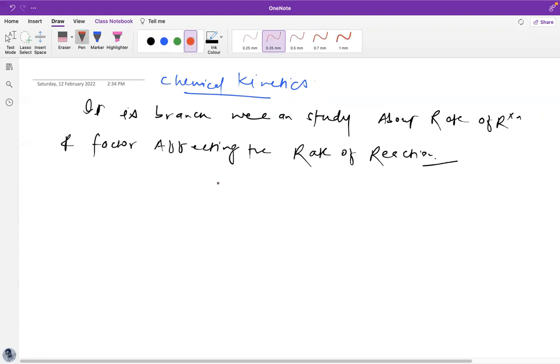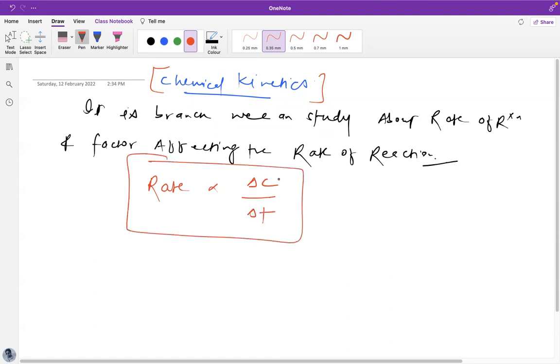So for chemical kinetics, what is rate? Rate is basically change in concentration upon change in time. Delta C means change in concentration, and delta T means change in time. Okay, this is the rate.